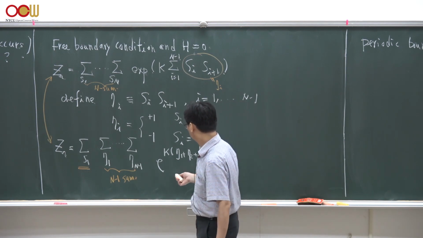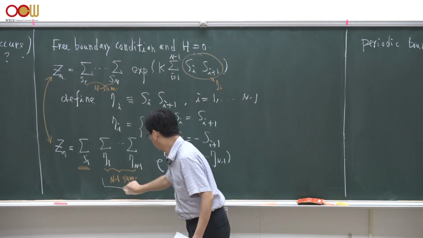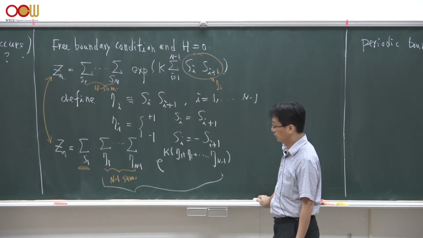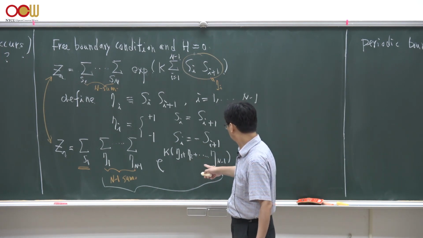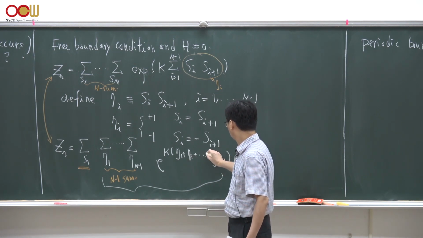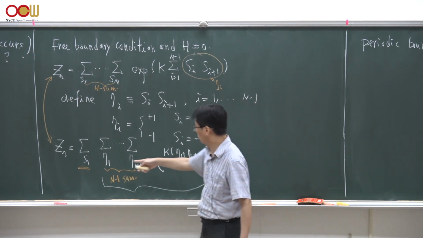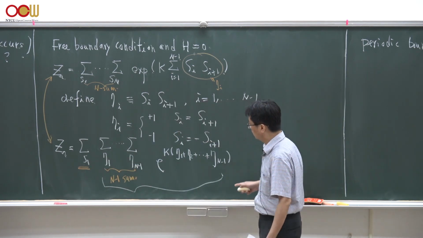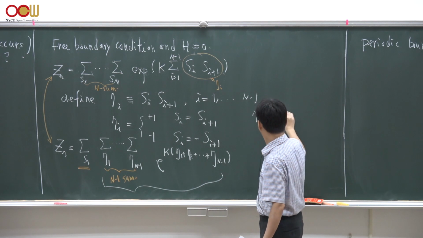But for the remaining summation over the n minus 1 etas, we can see that this exponential factor depends only on eta 1, eta 2, up to eta n minus 1. It has nothing to do with S1. Of course, S1 is hidden in eta 1, S1, S2.